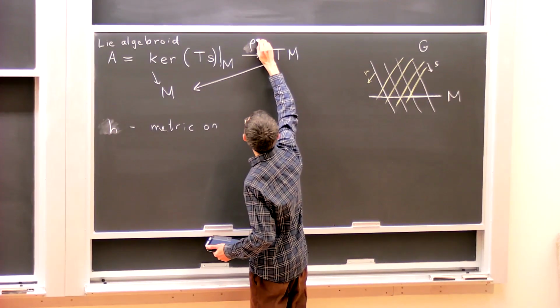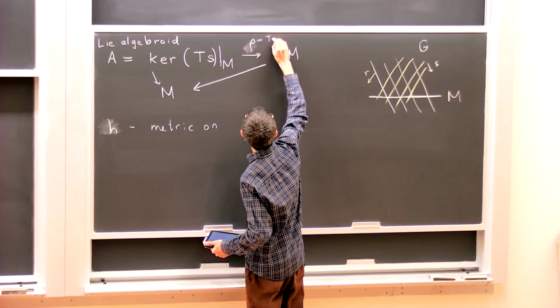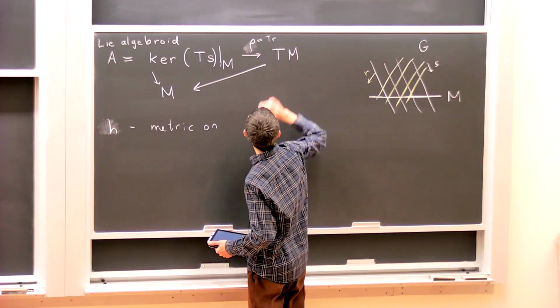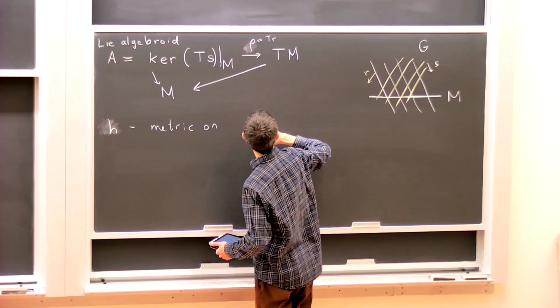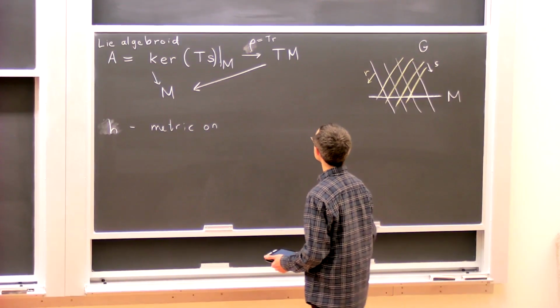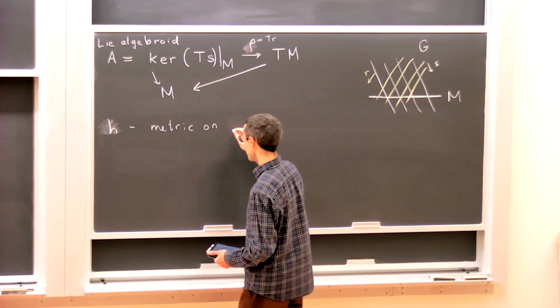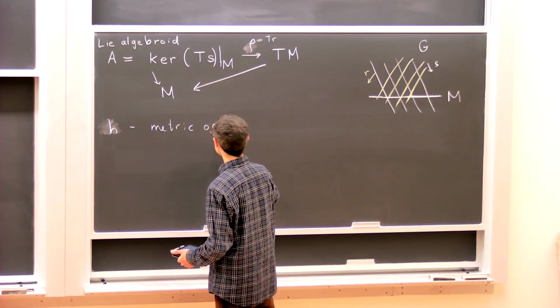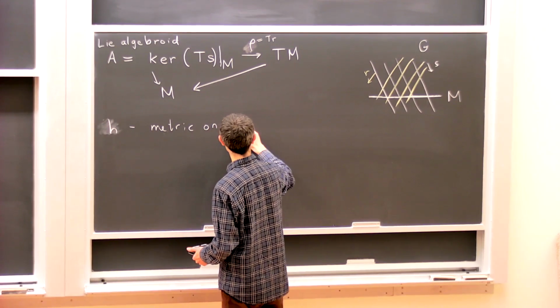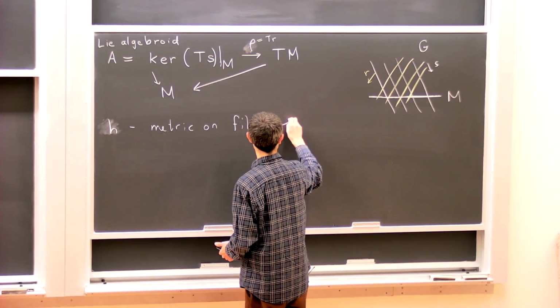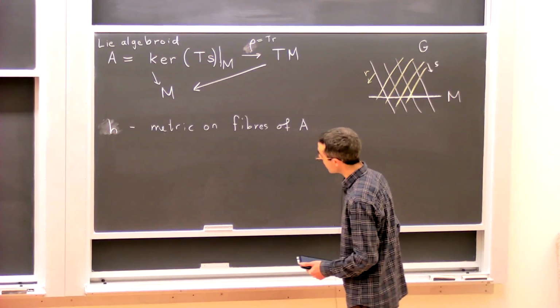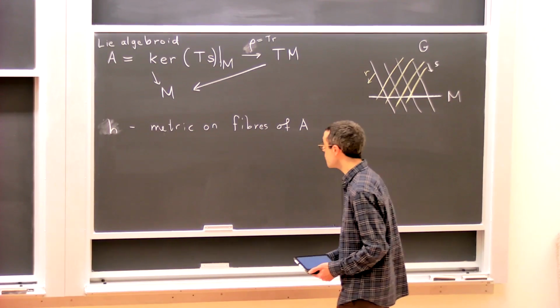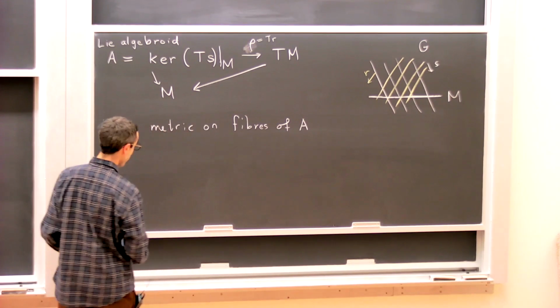The anchor map would be the map induced by the range projection, the differential of the range projection. And the metric, I want a metric on the fibers of A. It doesn't have to have any invariance property, just any smooth metric on the fibers of A.